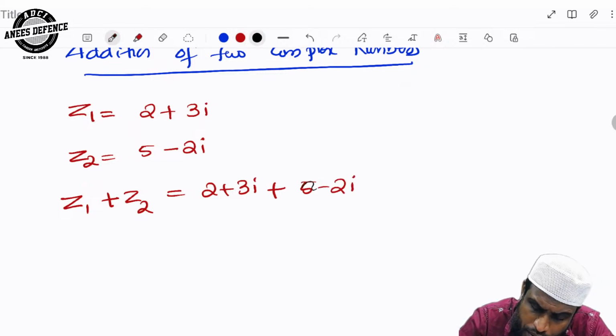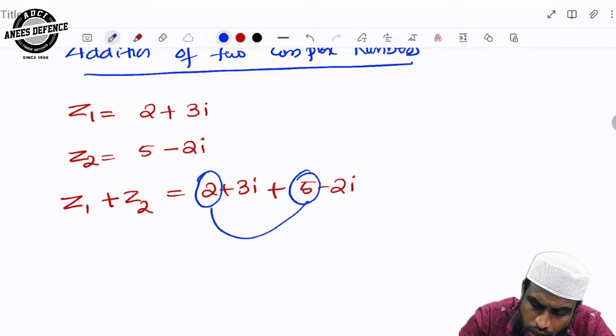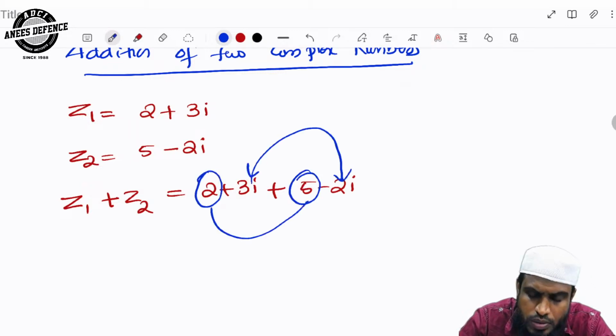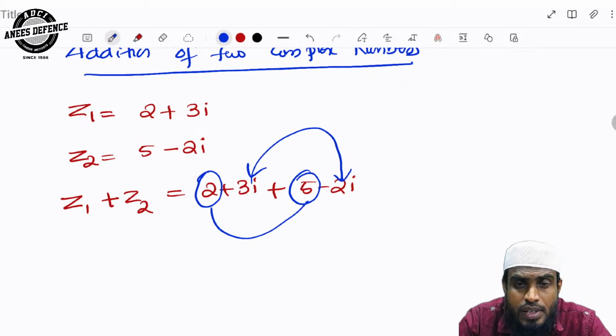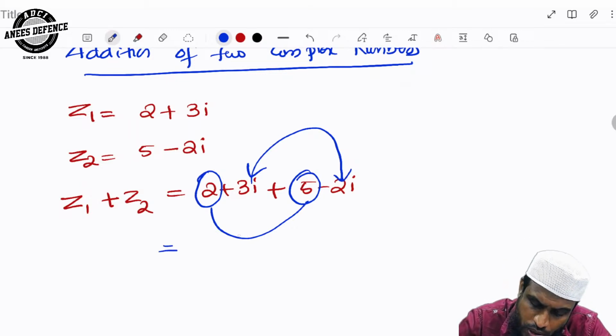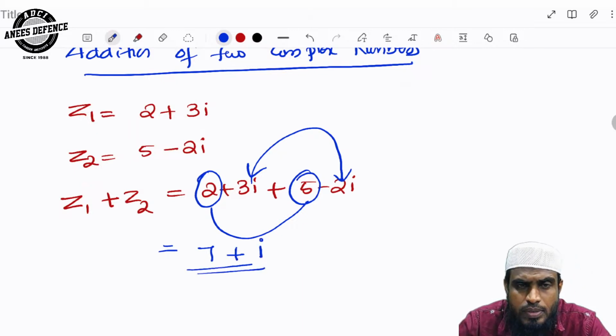You have to combine only the real parts together and the imaginary parts together. You should not mix real and imaginary. So 2 plus 5 is 7, and 3 minus 2 is 1, so i. So this is the answer.